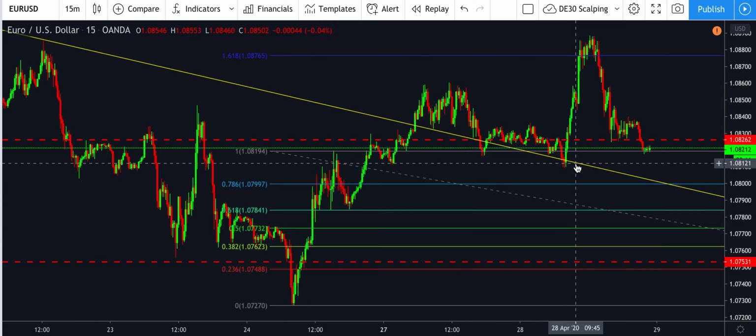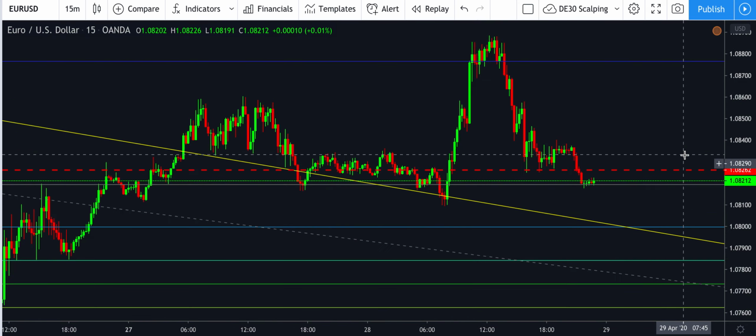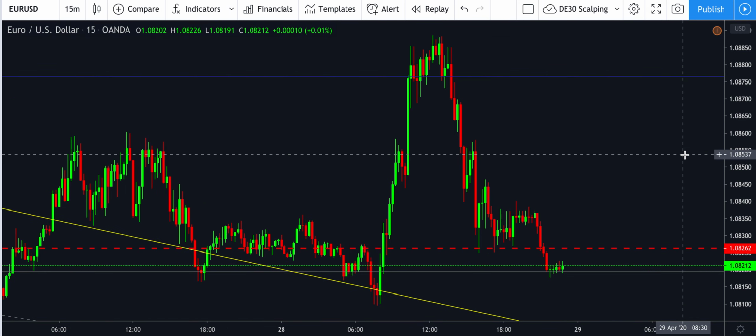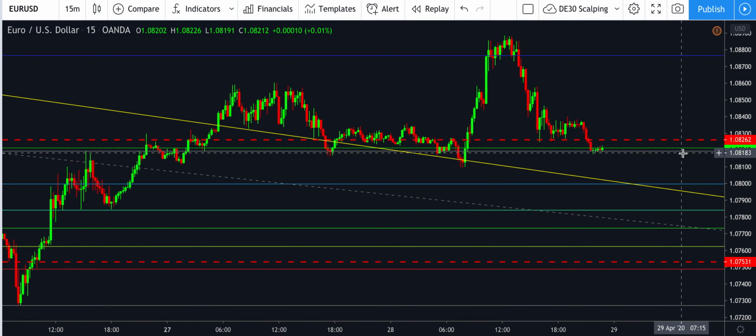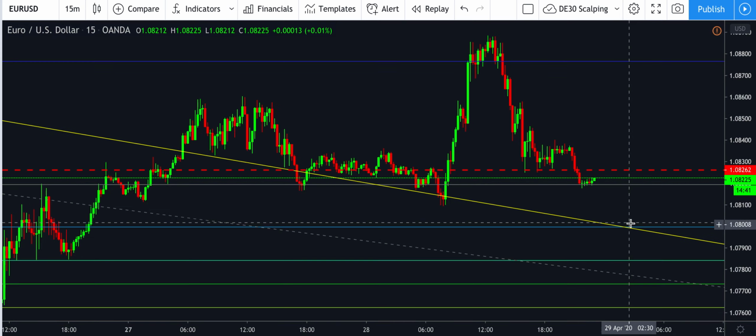These are things I can discuss in other, even free, videos or in a paid course. But the important thing is that right now we have a sell, though not a really good sell opportunity. If we tag the high and come lower, we should expect price to come back and tag the trend line again.